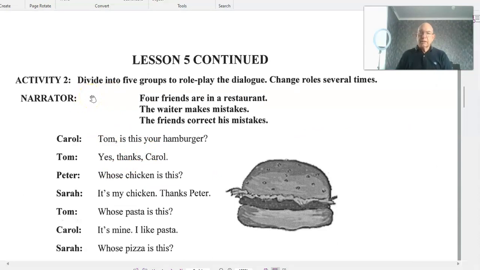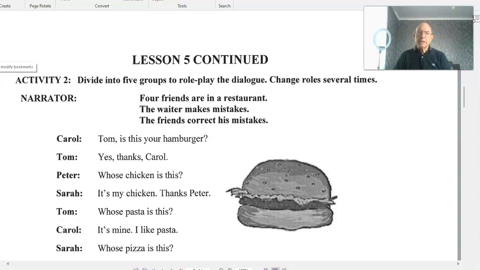The narrator is kind of reading the story, leading into the dialogue of a play, if you would, or a role play in this case. Four friends are in a restaurant. The waiter makes mistakes. The friends correct his mistakes.